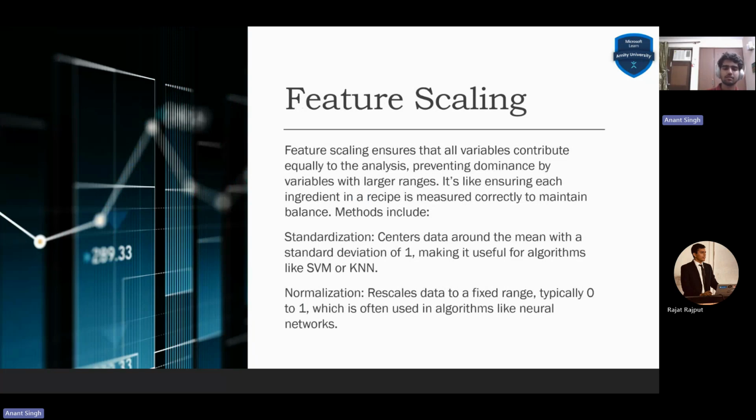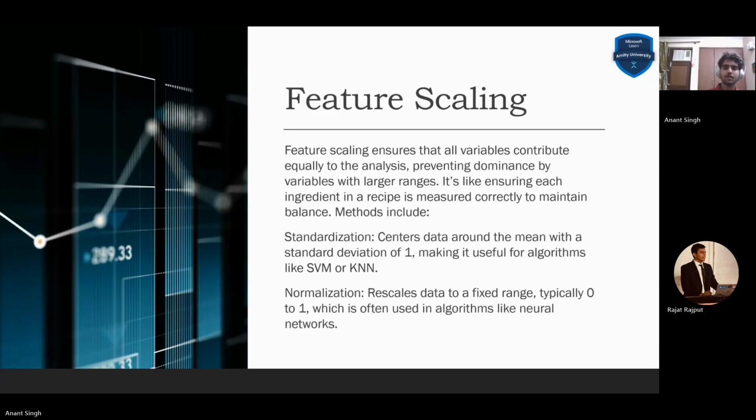Normalization, which we've already talked about, rescales data to a fixed range, typically 0 to 1, and is often used in algorithms such as neural networks. Normalization or even standardization might also be used in normal ML algorithms.